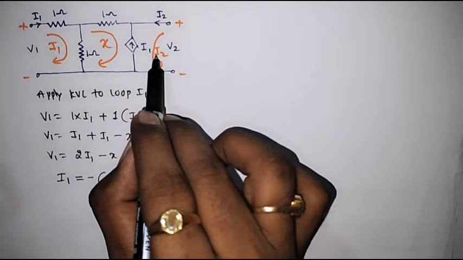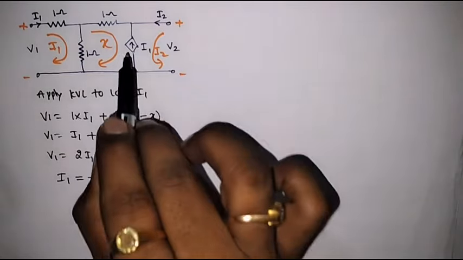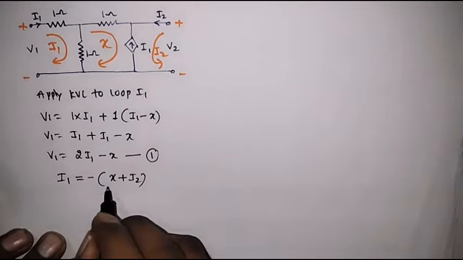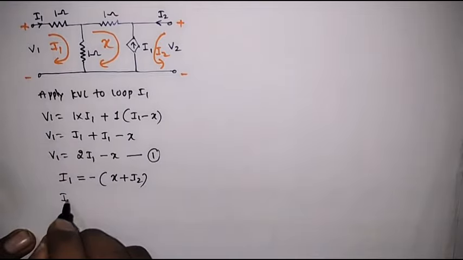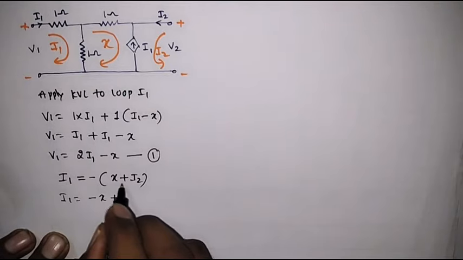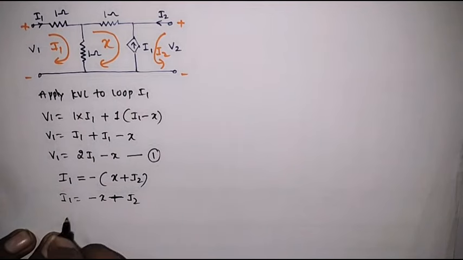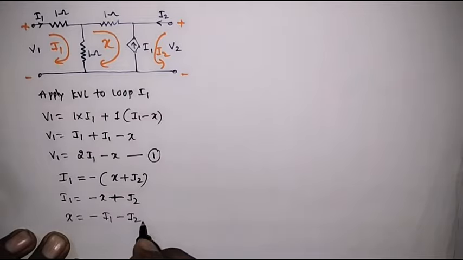X and I2 are flowing in the same direction, so it is X plus I2. But this X plus I2 is opposite to I1, therefore I1 is equal to minus of (X plus I2). From this expression we'll get the value of X: I1 is equal to minus X minus I2. Therefore I'll take X on the left hand side, X is equal to minus I1 minus I2. I'll call it equation number 2.